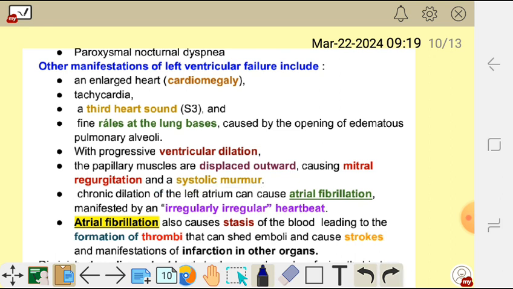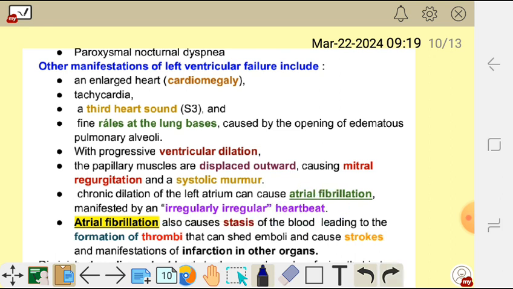Okay, now chronic dilation of the left atria can cause atrial fibrillation, and we know that atrial fibrillation is associated with dilation of the left atria, and that will lead to irregular heartbeats.